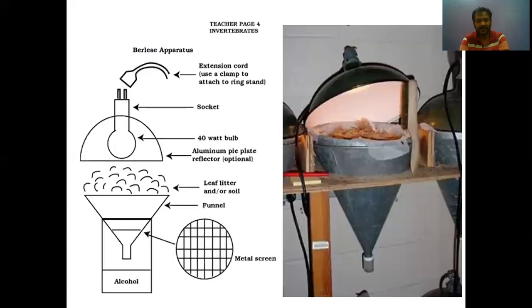We can see this in the picture. In the funnel, litter or soil is placed. A metal screen, a wire mesh, is placed below so that the soil is kept intact.